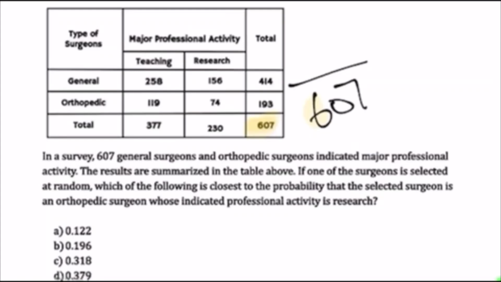They need the probability that we select somebody who is an orthopedic surgeon who is interested in research. So orthopedic surgeons interested in research are these 74 people. In a calculator, we're going to divide 74 by 607.